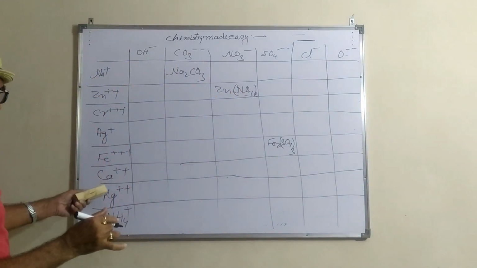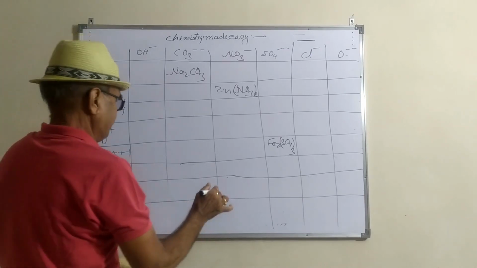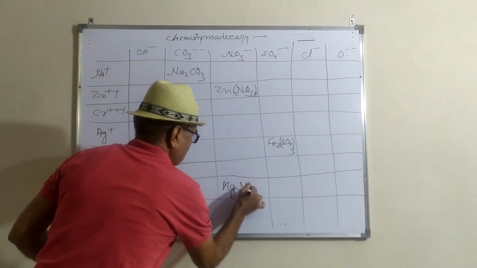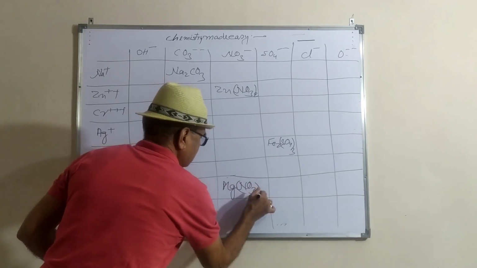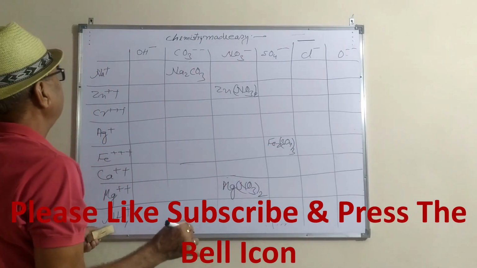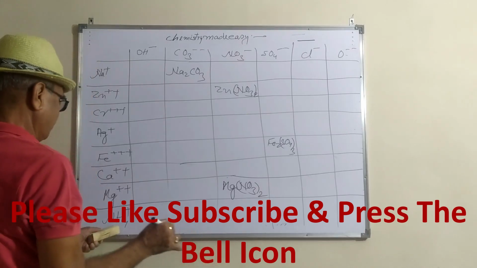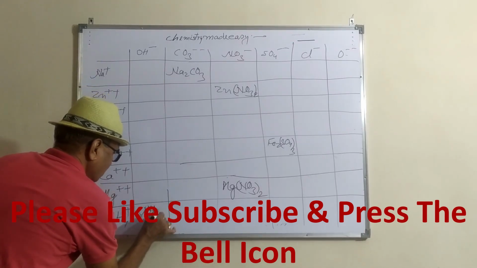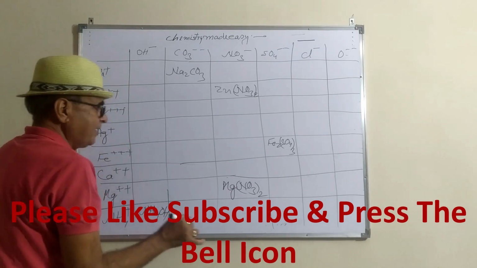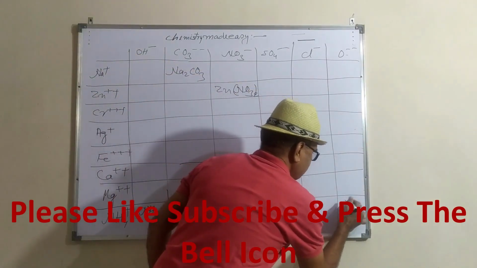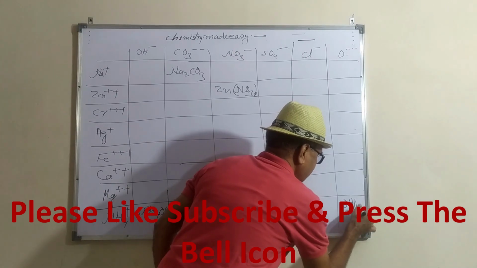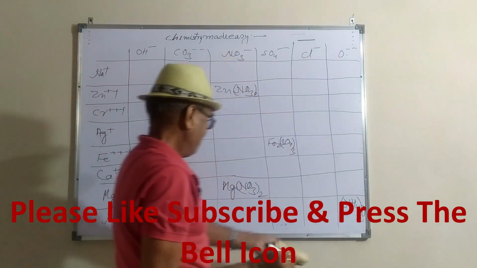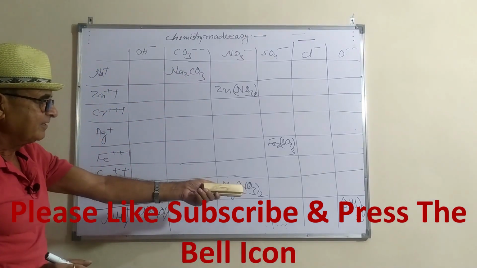And this one is magnesium nitrate, Mg(NO3)2. For ammonium you can take ammonium hydroxide, NH4OH, and come to this point, ammonium oxide, (NH4)2O.